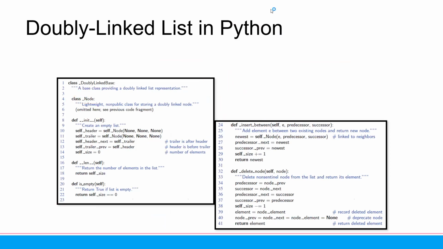This class has the constructor. We have the init, and we have the header. The header is a node, so it is a special node. Why do we have None, None, None? There are three elements. What does it mean?